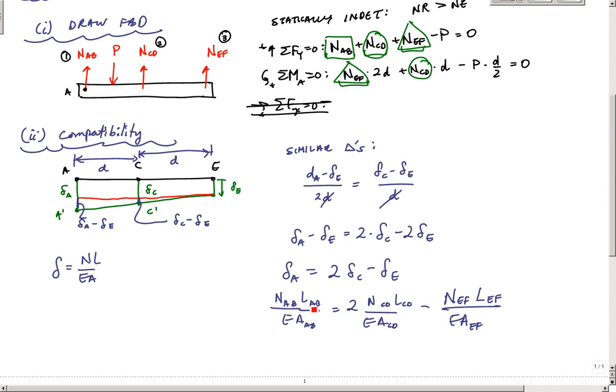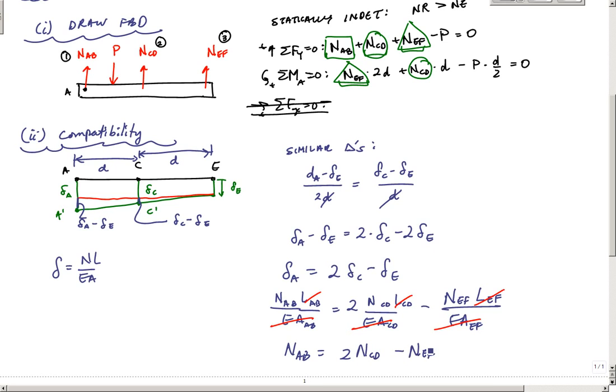And all the areas are the same, all the moduli of elasticity are the same, so I can just cross these out because I have the same material, same length, same cross-sectional area. In this equation, I'm just left with NAB is equal to 2 NCD minus NEF.